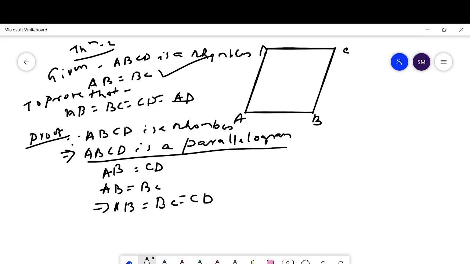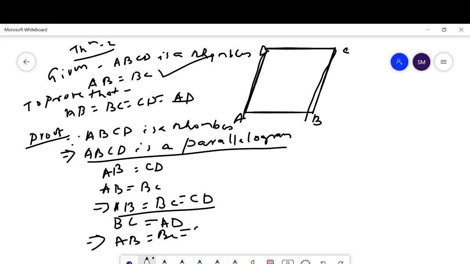In the same way, as ABCD is a parallelogram, BC is equal to AD, which shows AB is equal to BC is equal to CD is equal to AD. Hence we prove that in a rhombus, all the four sides have the same length.